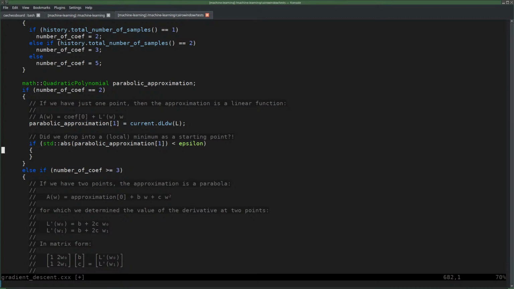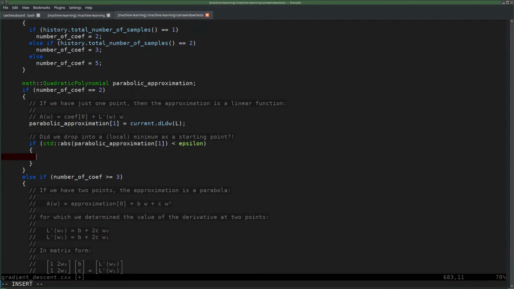Yeah, if that is the case, then maybe I should just make a step in an absolutely arbitrary direction, arbitrary size. Who cares? Any step will do.